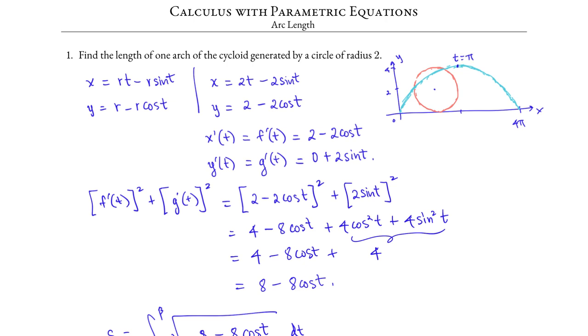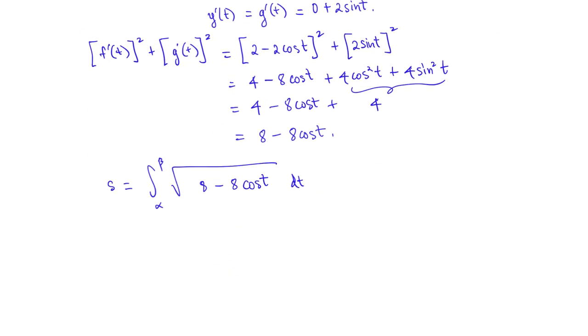Even though the length of the horizontal straight line is 0 to 4 pi, the parameter goes from t equals 0 to t equals 2 pi only. Thus, the lower limit of integration is 0 and the upper limit of integration is 2 pi.